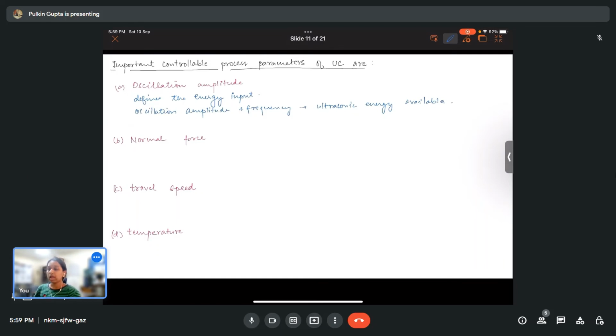Okay, and so you can now adjust this amplitude and frequency as per the energies that are required for proper bonding. Now this normal force is the force applied by the sonotron when pressing the different layers.